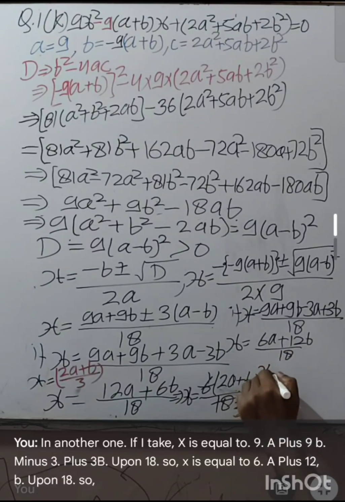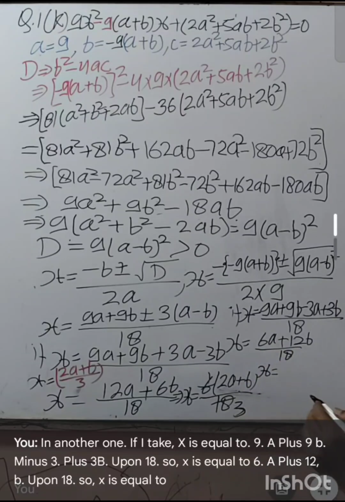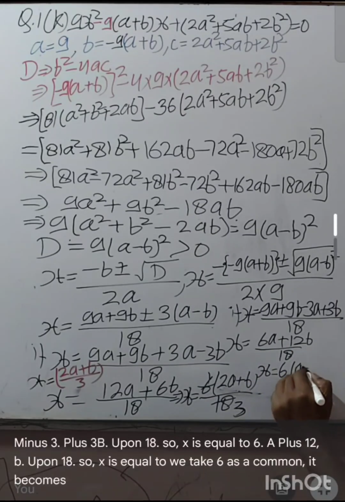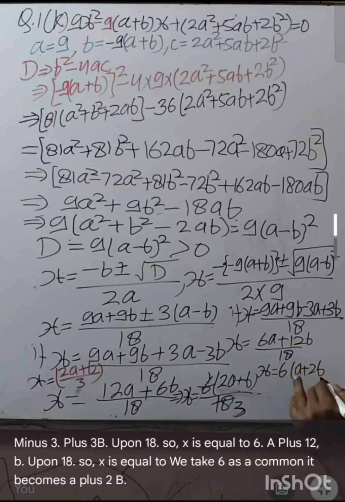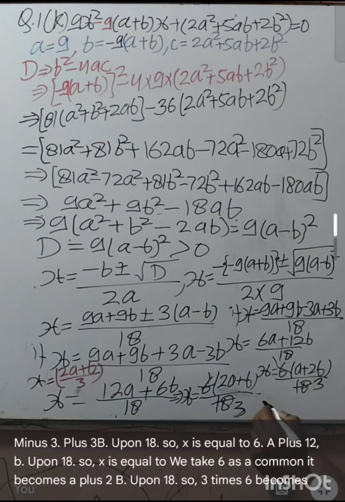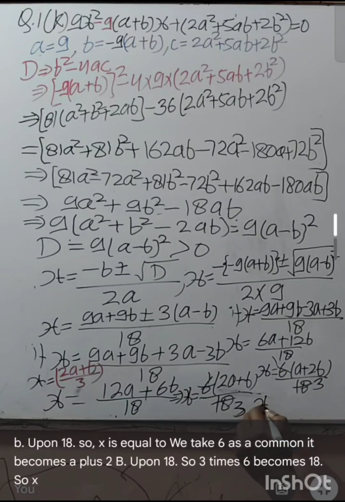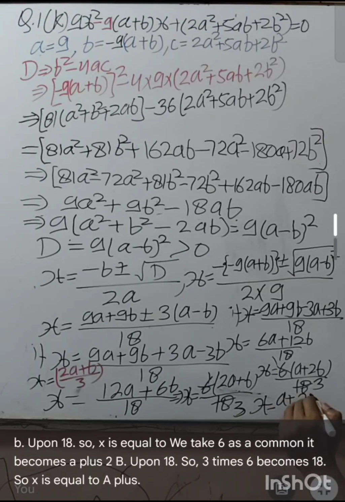So x is equal to, we take 6 as common, it becomes (a plus 2b) upon 18. So 3 times 6 becomes 18. So x is equal to (a plus 2b) upon 3.